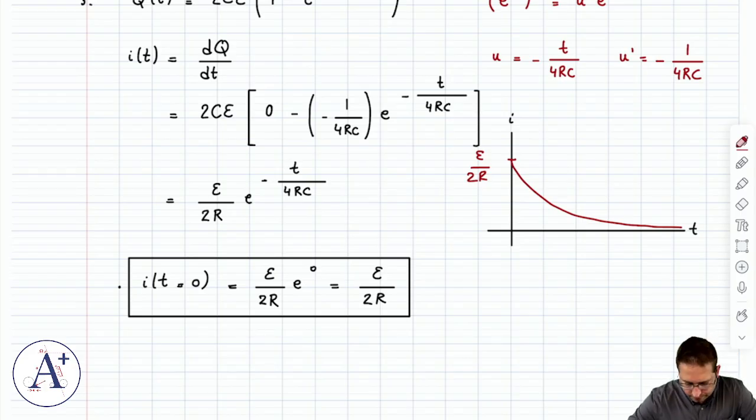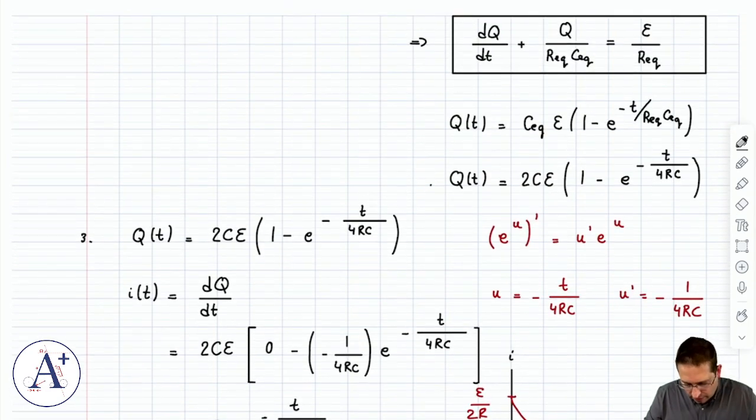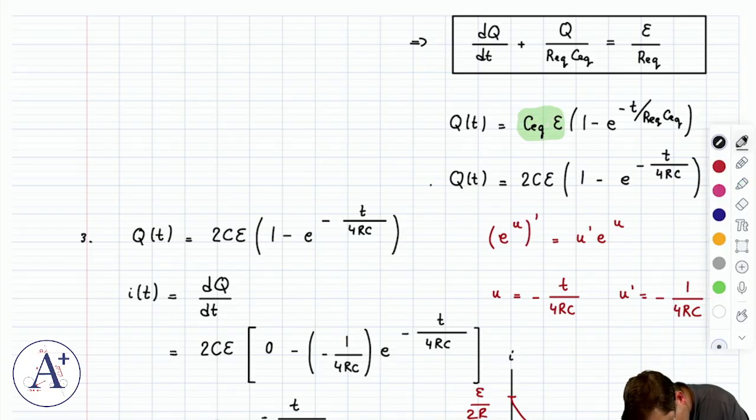Okay. And then finally, what is the maximum electric potential energy that can be stored by the equivalent capacitor in terms of R equivalent and C equivalent? Okay, well remember that we wrote initially, when we did the quick overview, that this amount here is going to be Q max.